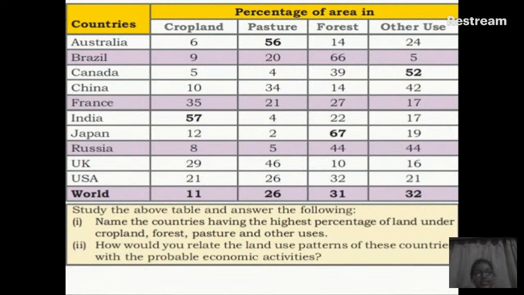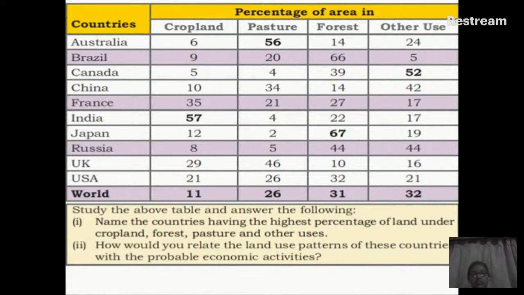Next, in Brazil, cropland is 9, pasture is 20, forest is 66, and other use is 5. Next, in Canada, cropland is 5, pasture is 4, forest is 39, and other uses are 52.